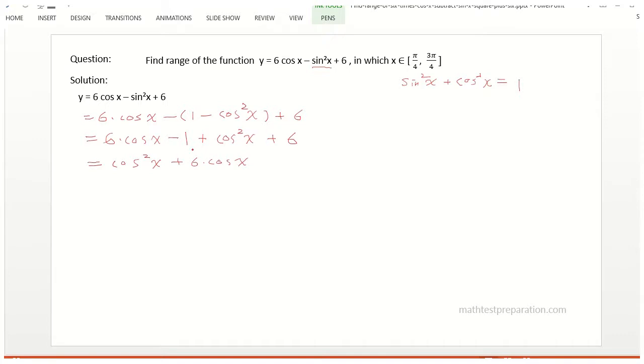Here is negative 1 plus positive 6 equals positive 5. So y equals cosine x squared plus 6 times cosine x plus 6 divided by 2 is 3, plus 3 squared subtract 3 squared plus 5.